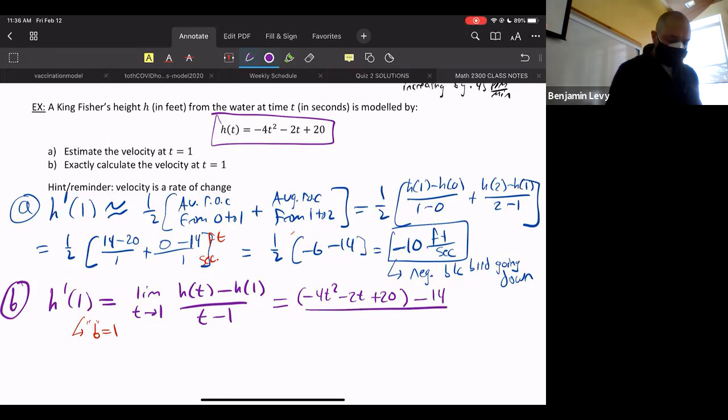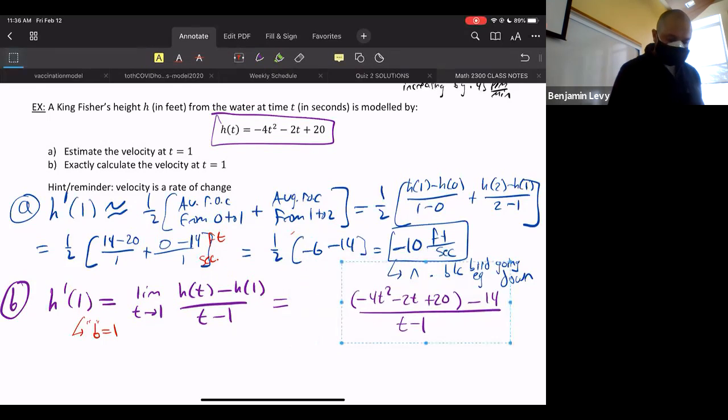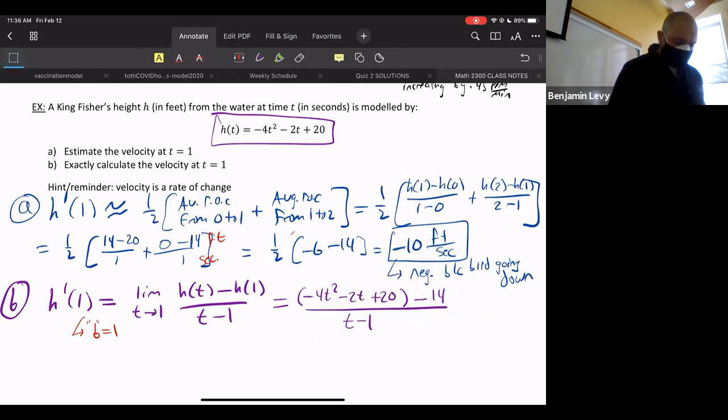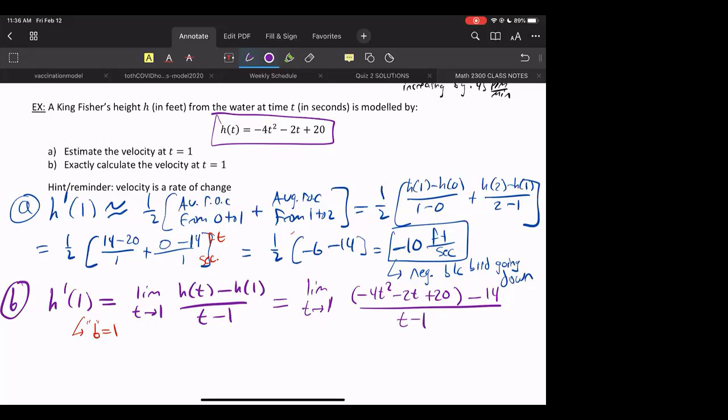Except I forgot to write the limit, so I'm going to have to slide this over. Oh no, I snagged that other thing. I forgot to write the limit in there, that's why I'm sliding this over. When you move it over there, I can't really see it.